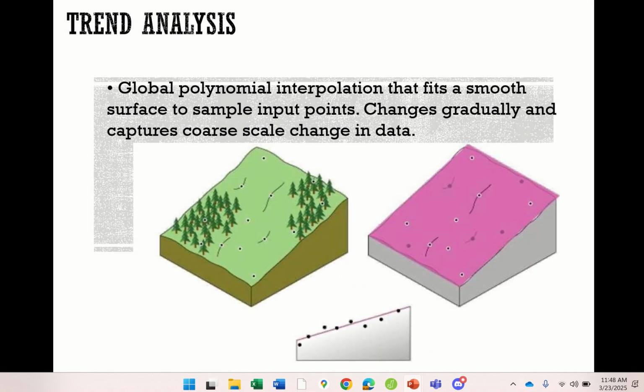So kind of similar to the spline curve is a trend analysis, where basically we can fit a mathematical function through a given set of points to give us a surface. So in this course, we've been looking at linear regression, right? Basically using a linear mathematical formula to predict a dependent value based on an independent value.